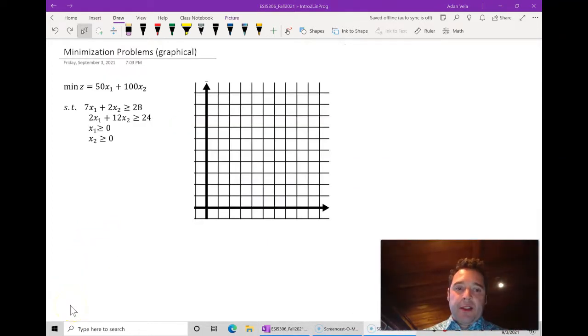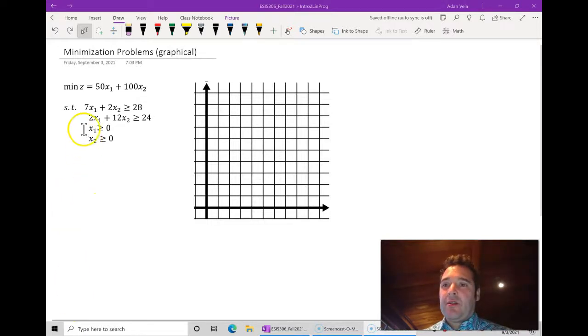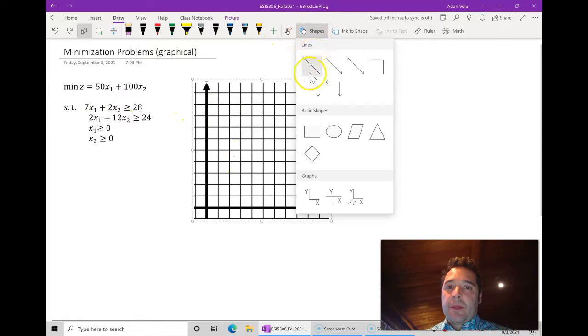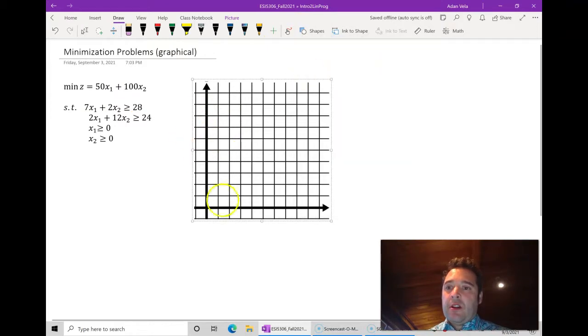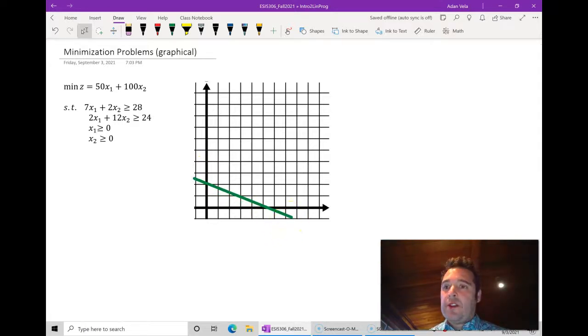Now, we can apply this graphical method to minimization problems as well. Pretty much the same idea. So we're going to start by going ahead and drawing our feasible set. So I'll just go ahead and mark through some of these lines. Seven divided by 4.